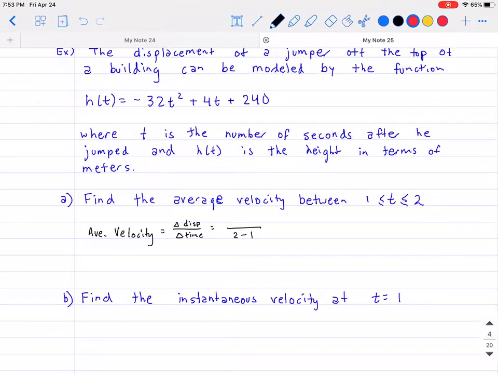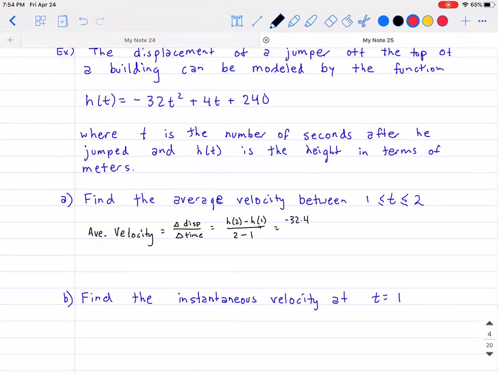Now, the change in time is going to be 2 minus 1 because it's from 1 to 2. Now, the displacement, that's where the displacement function h of t comes in. That's going to be h of 2 minus h of 1.